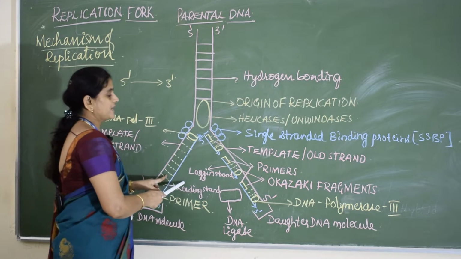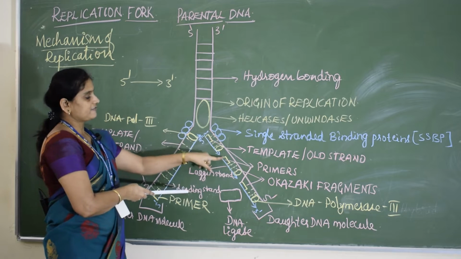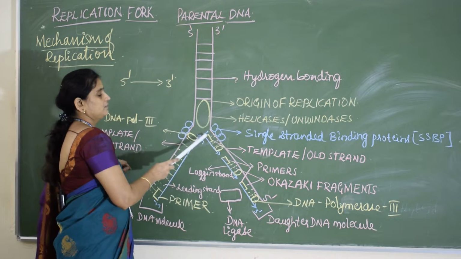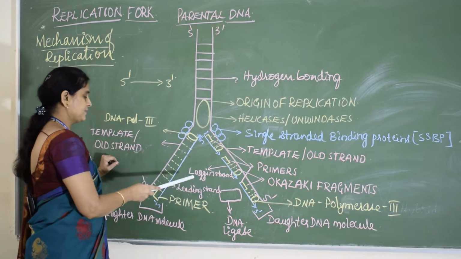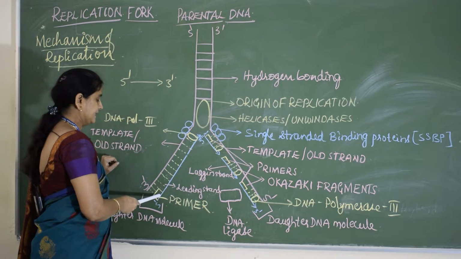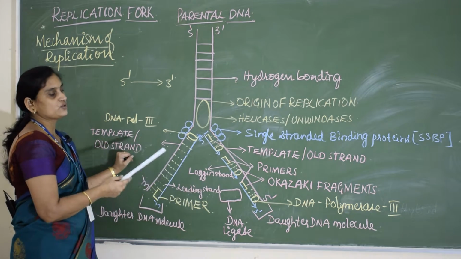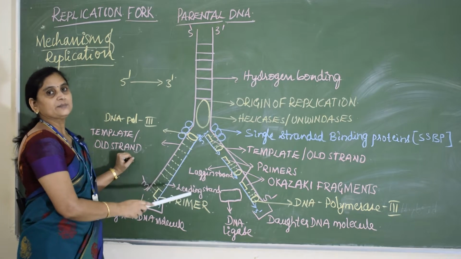But in the lagging strand, each Okazaki fragment includes a primer, so all the primers from each of the Okazaki fragments, and the one from the leading strand, are removed and replaced by deoxyribonucleotide triphosphates by the enzyme DNA polymerase 1.